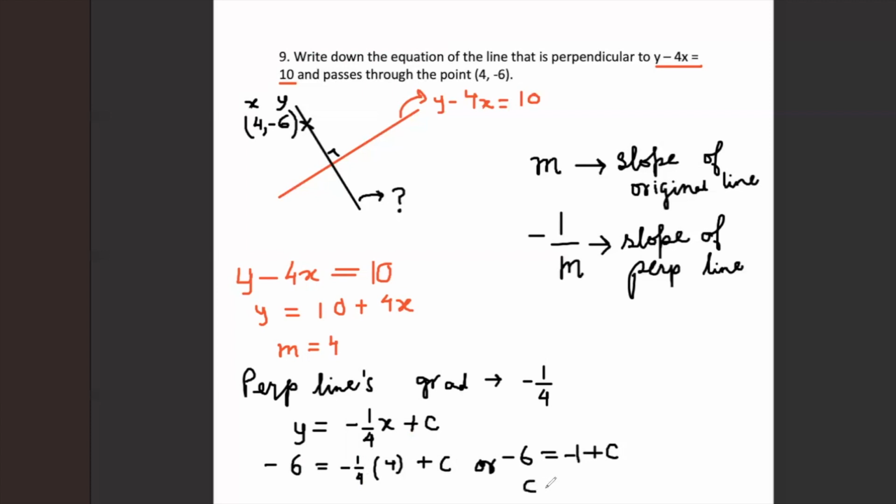So c should be minus 6 plus 1, which is a minus 5. So our equation is y equals minus 1/4 x minus 5. This is my answer.